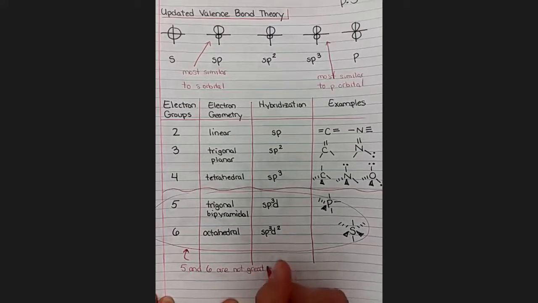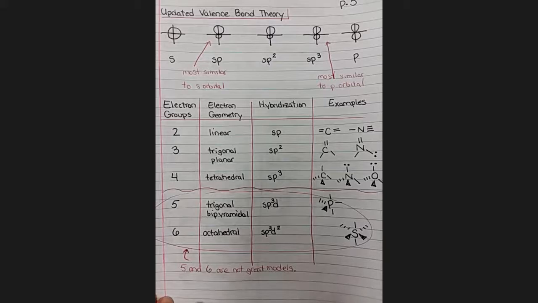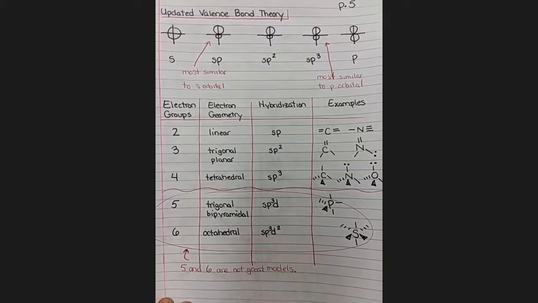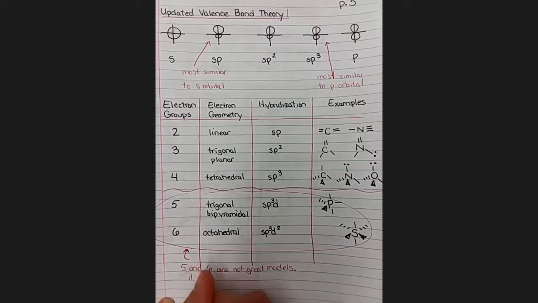The d orbitals technically have too high of an energy to be able to blend with the s and p, so it's pretty unlikely that this would actually happen.